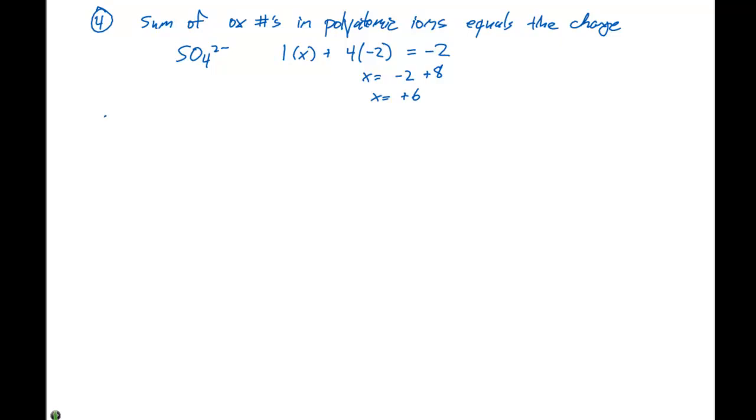Okay? Rule number 5 deals with oxygen. So the oxidation number of oxygen is -2, with the exception of peroxides.